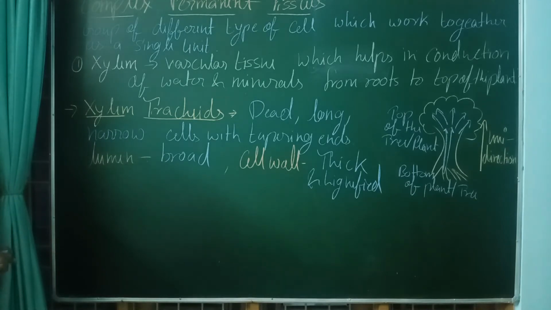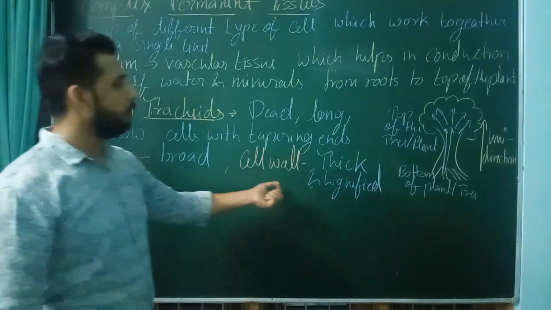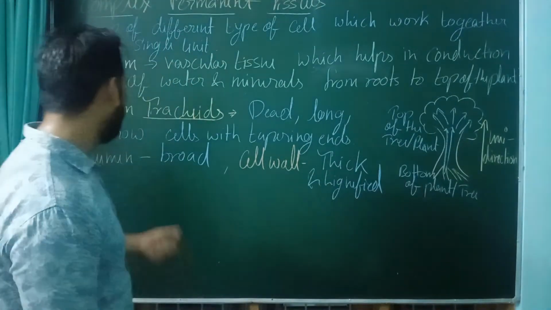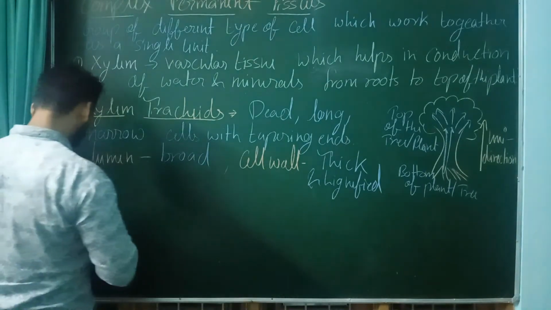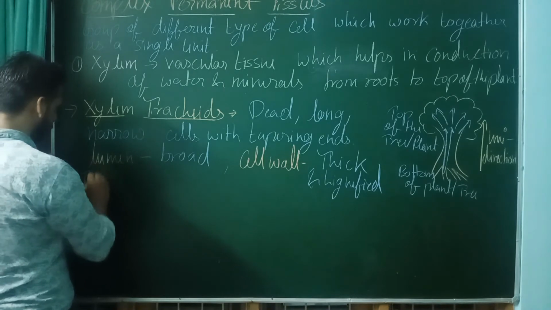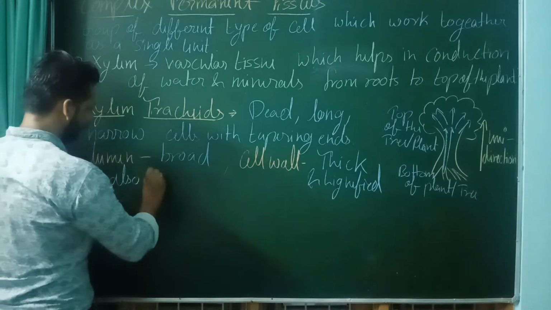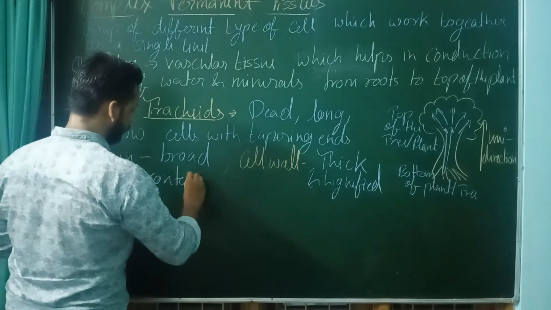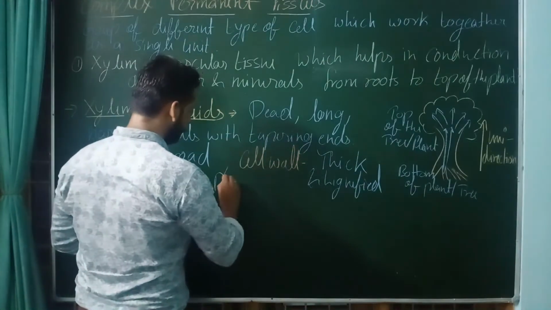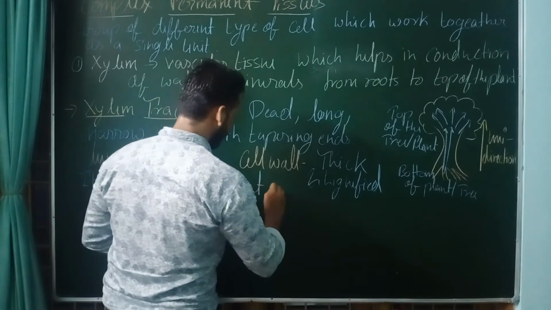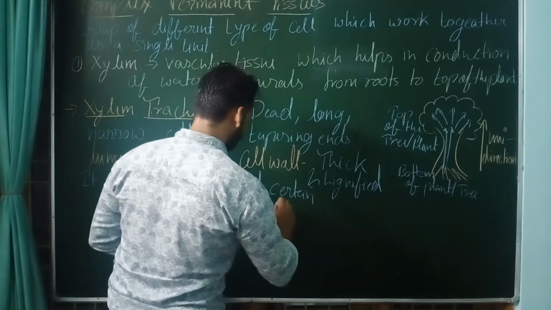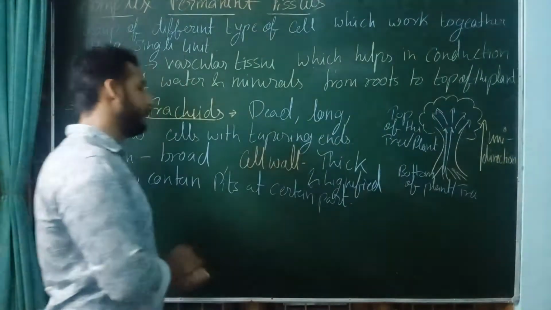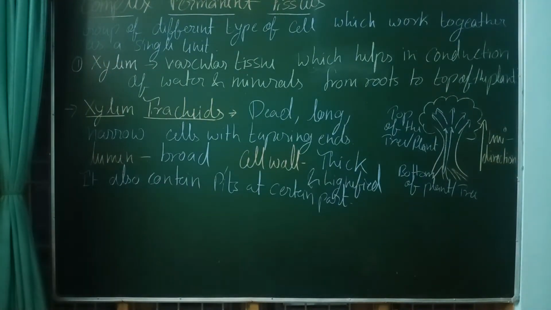So the cell wall is thick and lignified and the lumen is broad. It also contains pits at certain parts.